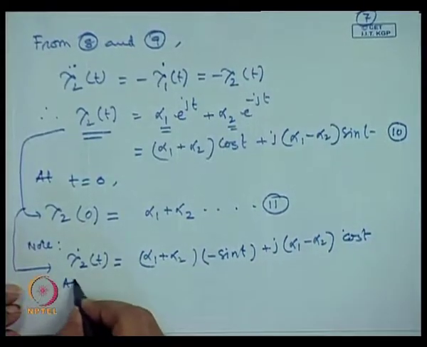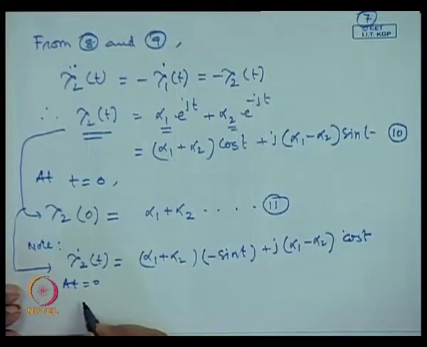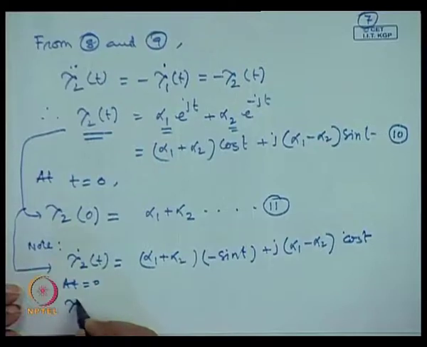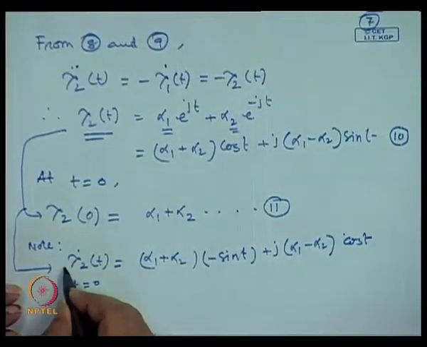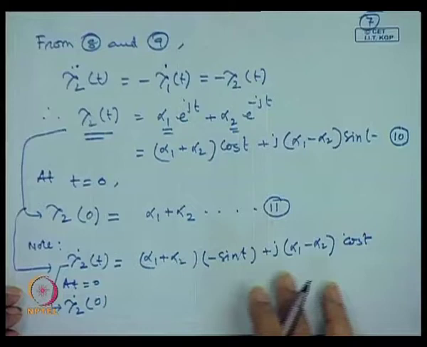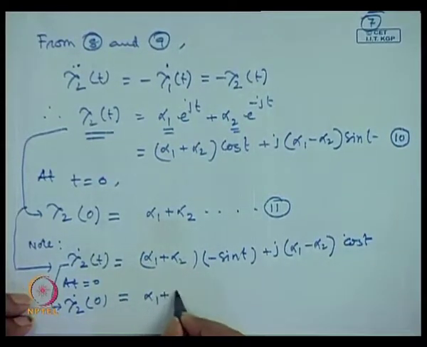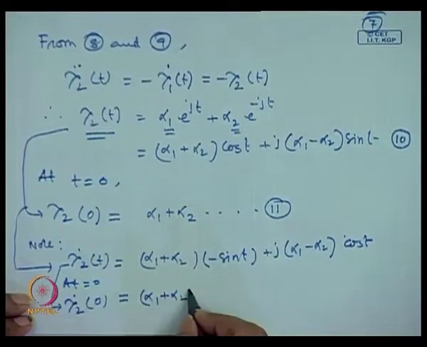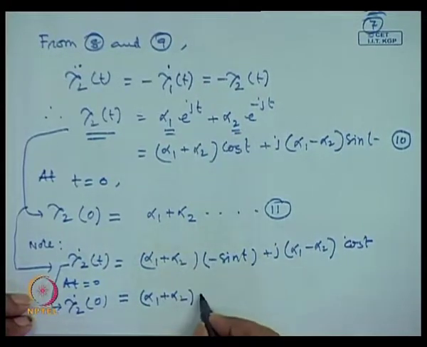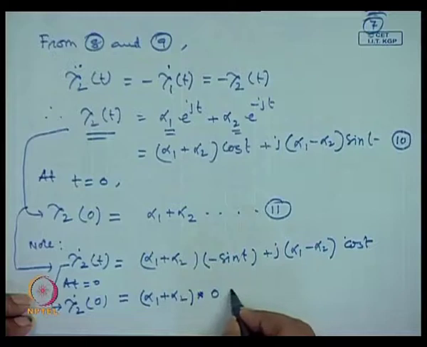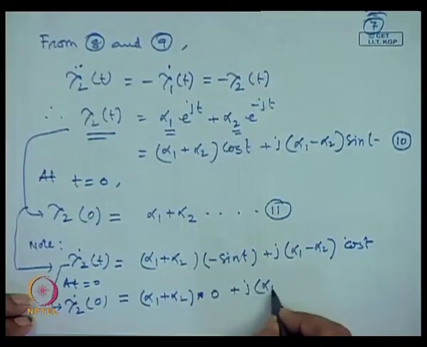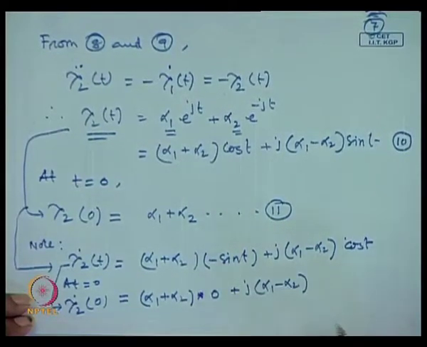So, at time t equal to 0, we can write lambda 2 dot of 0 is equal to alpha 1 plus alpha 2 times 0 plus j times (alpha 1 minus alpha 2). Agree?